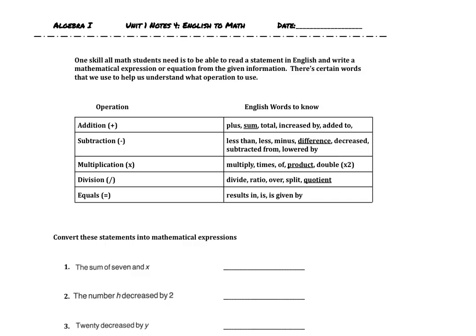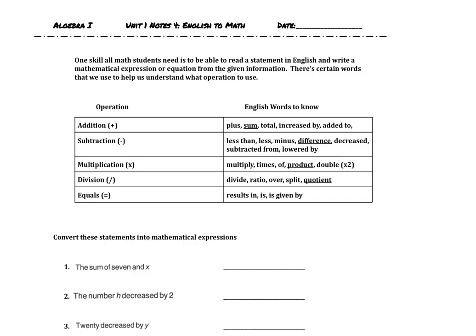And 1.4 deals with basically how do you translate English into math and how do you get a representation based on English or vice versa. So if you want to pay attention to the chart up here, that's kind of where we're going to start. What we're going to do is look at key specific words to tell you which operation you're dealing with.